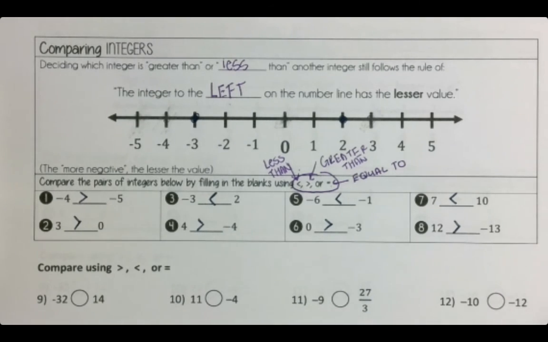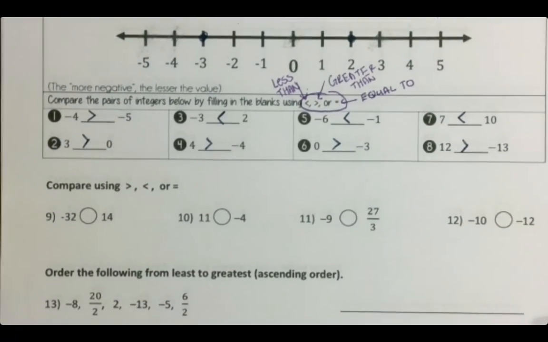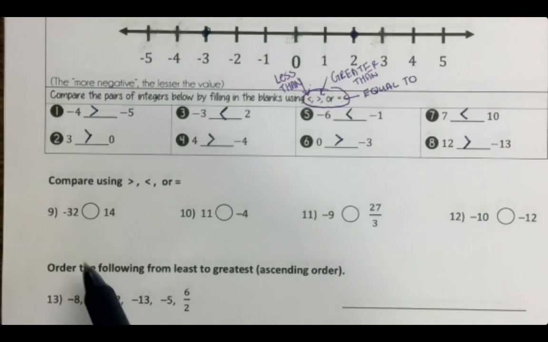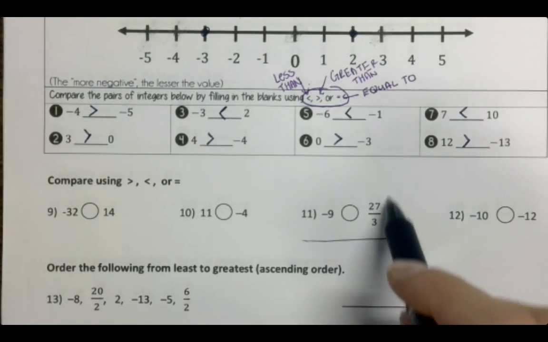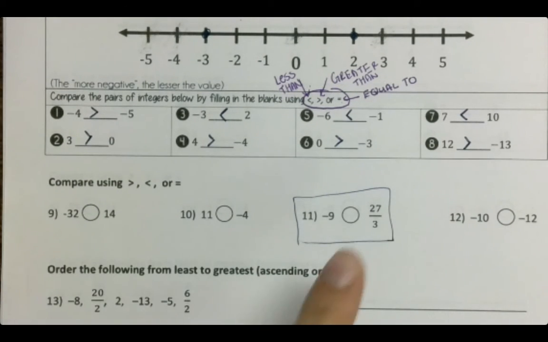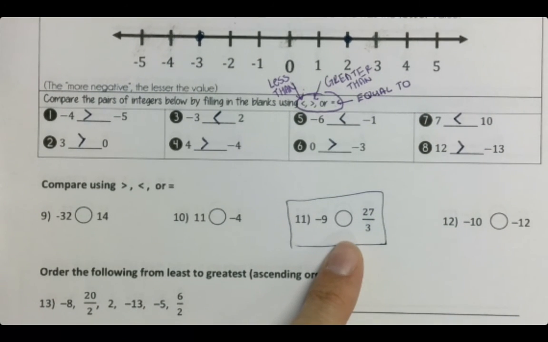All right. Now we are going to do the same thing again. I want to look at this one. These ones, I think you're good at. This one looks a little bit different, though. We got a fraction in it. That makes it harder, right? You would think that.